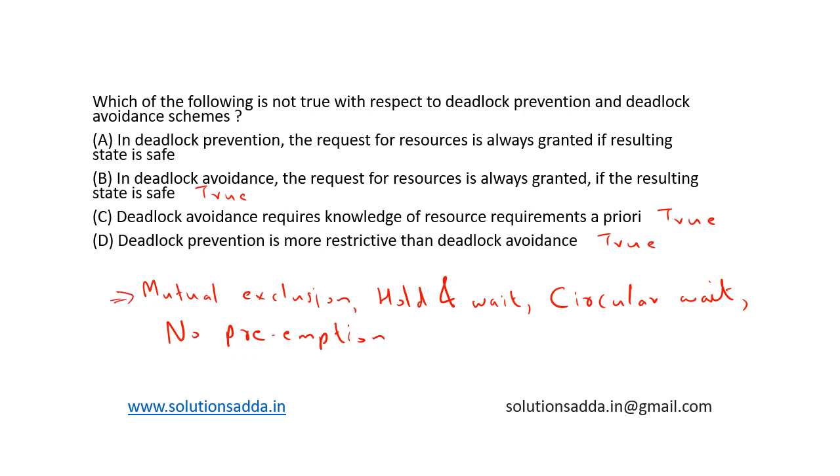So this is much more restrictive than deadlock avoidance. And option A is false. So the correct answer here is option A. That is deadlock prevention. The request for resource is always granted if resulting state is safe. This is false and we are asked to find out which of the statements is false. Option A is the correct answer.